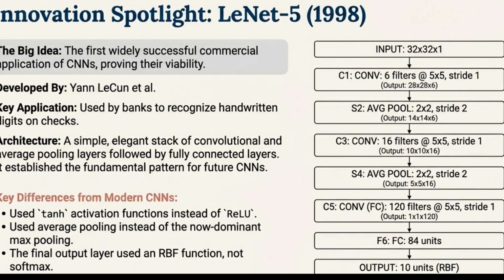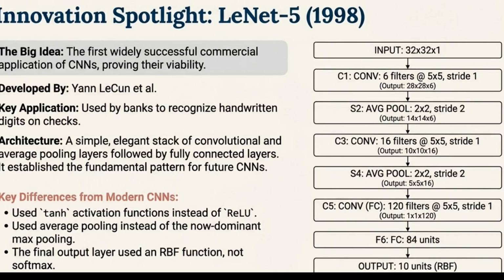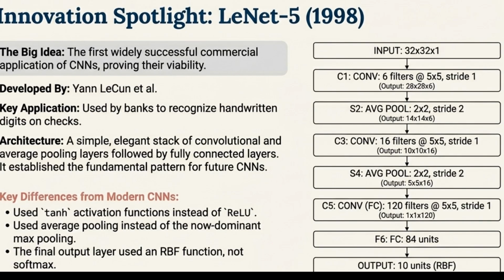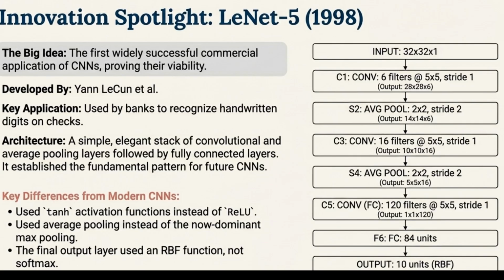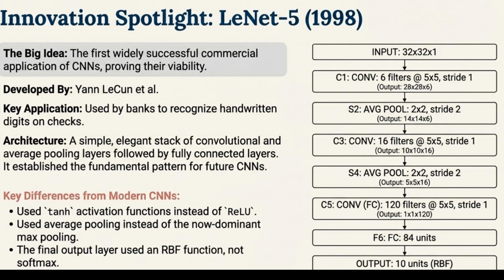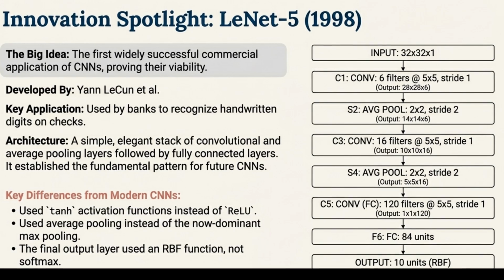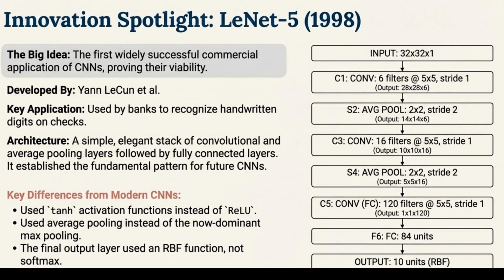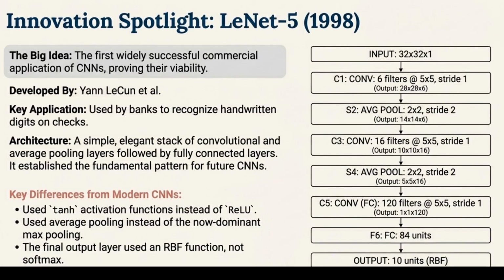However, looking at the diagram, we can see crucial differences compared to modern CNNs. Firstly, LeNet 5 used the tanh activation function, which is prone to the vanishing gradient problem and trains much slower than modern techniques. Secondly, it used average pooling, which is generally less effective at preserving the strongest feature activation than max pooling, which is now the dominant choice.